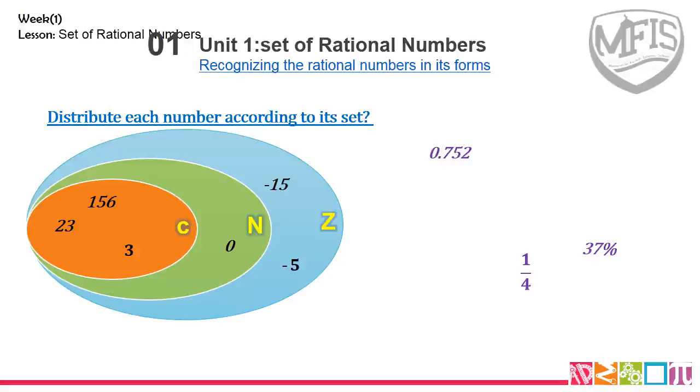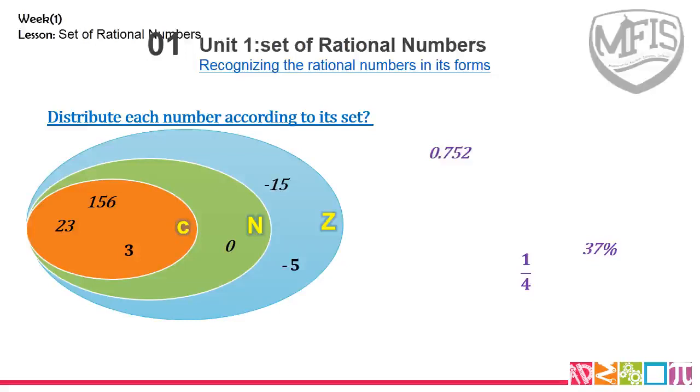So keep in mind, please, all three forms here of numbers: the decimal, the fraction, and the percent. I can't put them in any one of those sets, so I have to find another set for containing all those forms.